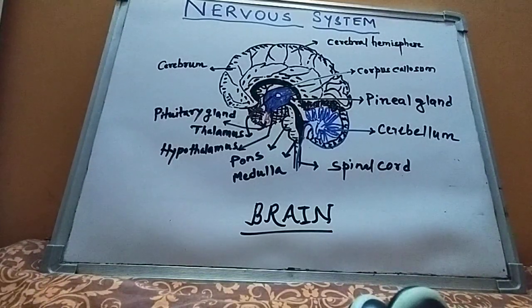Today in this video we will be studying about the brain of humans and different parts of it, under the chapter nervous system. So brain is the swelled part of the central nervous system which remains enclosed within the cranium.